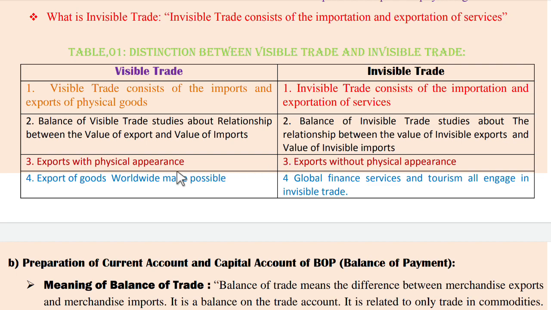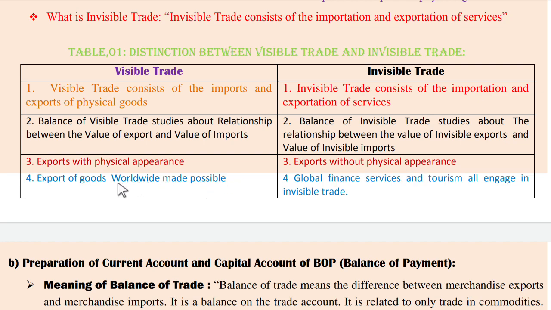The third difference is that visible trade is export with physical appearance, and invisible trade is export without physical appearance.